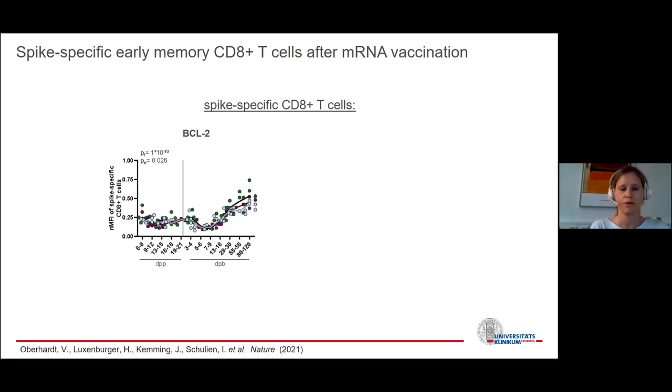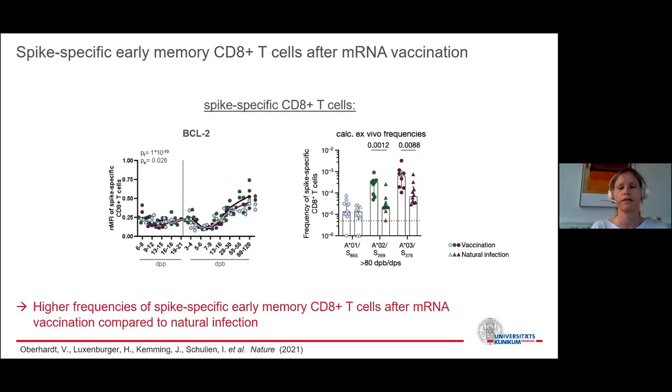And we then compared the memory after mRNA vaccination, depicted in the circles, to the memory after natural infection, depicted in triangles. And these are time point matched. So we matched the time point after the boost with the time point after symptom onset.